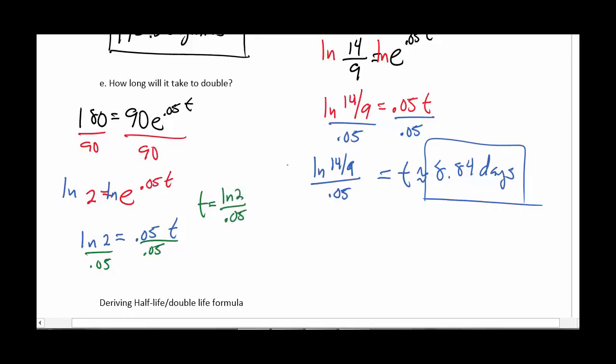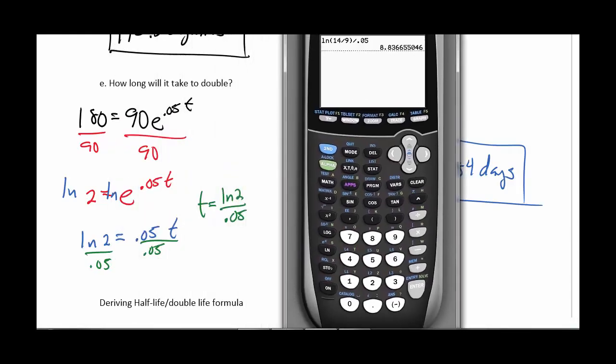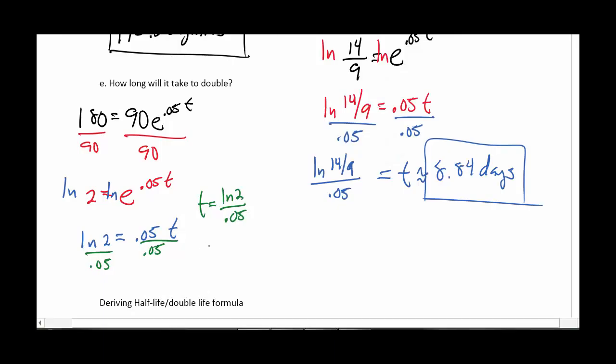And then this is where I'd go to my calculator. So ln of 2 divided by 0.05, and I get 13.86. So about 13.86 days would it take to double.